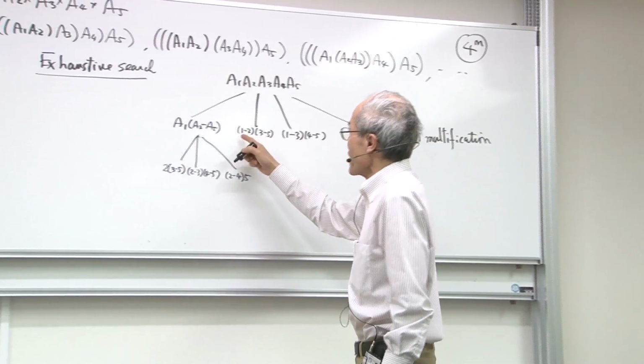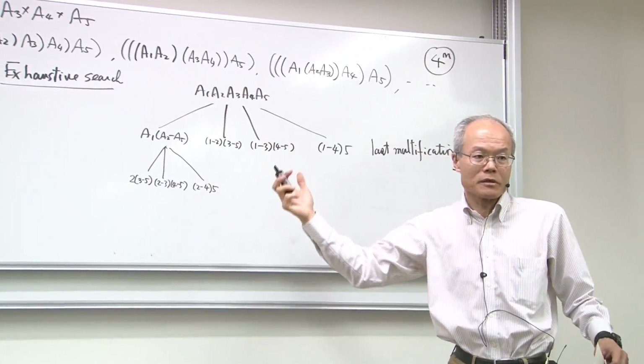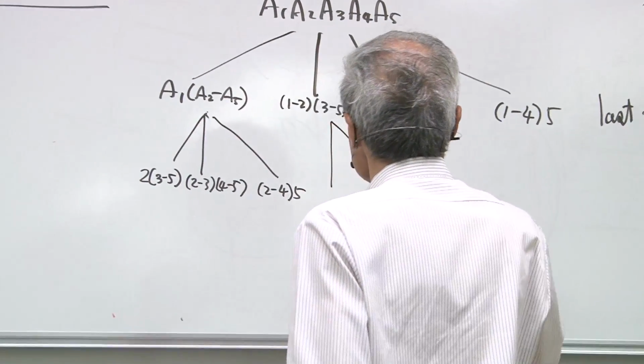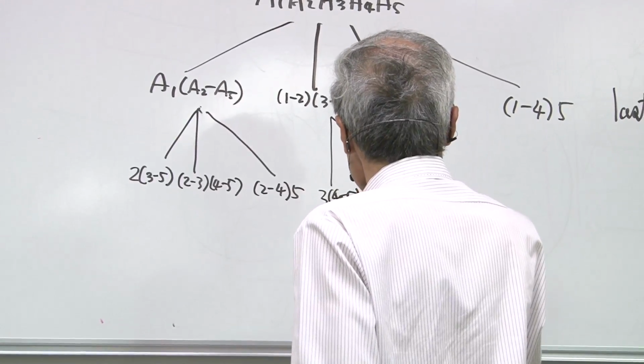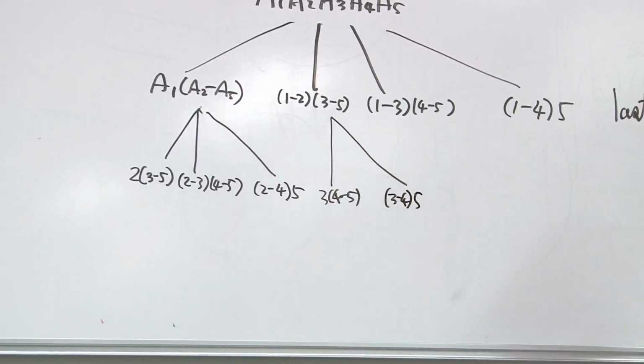And for this, 1 and 2 is, of course, only one. There is no choice. 1 and 2 just multiply. But in this case, we have 2 possibilities: 3, 4, 5, and 3 and 4 and 5.